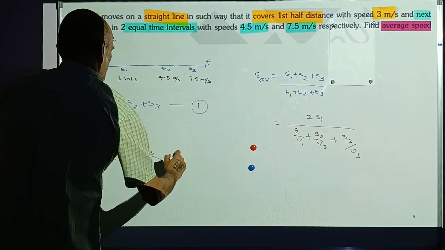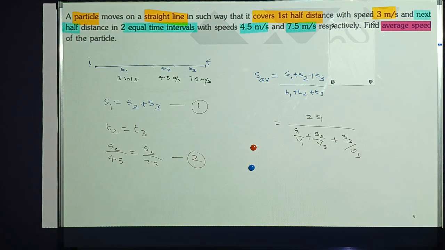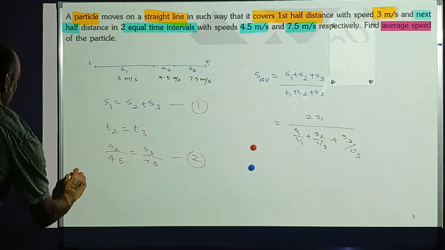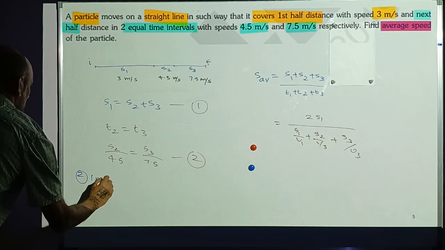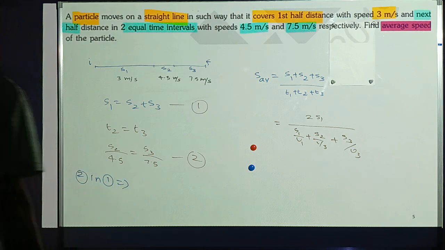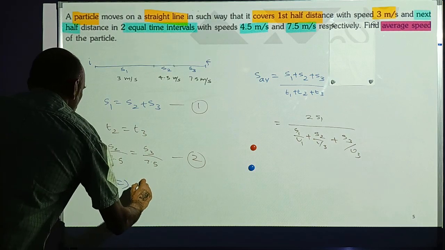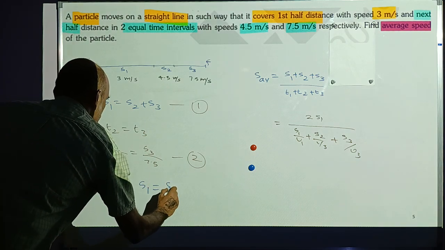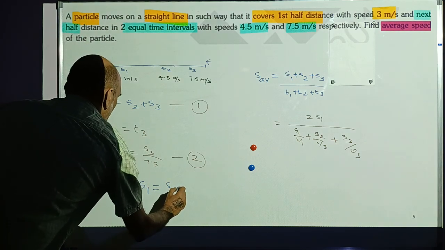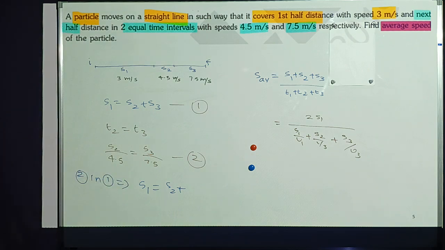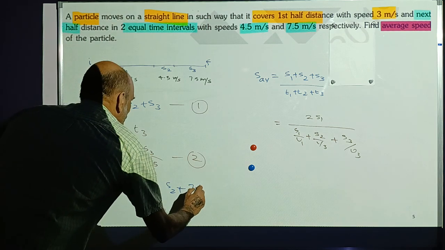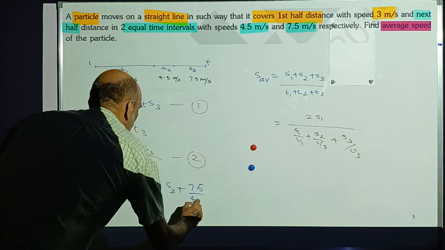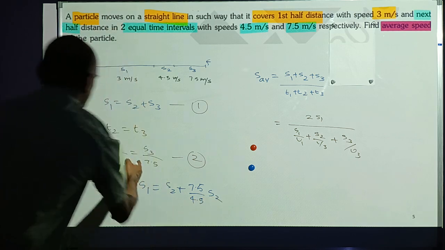Two equations. Using 1 and 2, we can write S2 and S3 in terms of S1. So putting 2 in 1, S1 equal to S2 plus S3. Instead of S3, I can write 7.5 by 4.5 times S2.